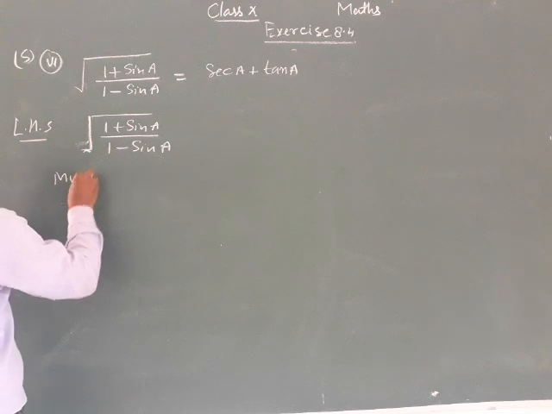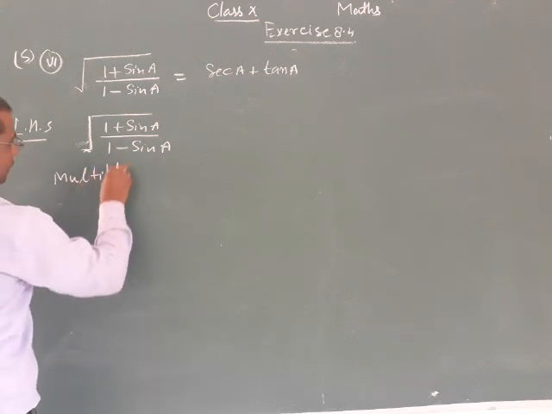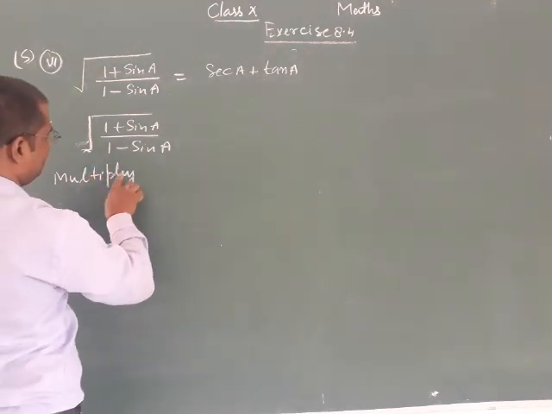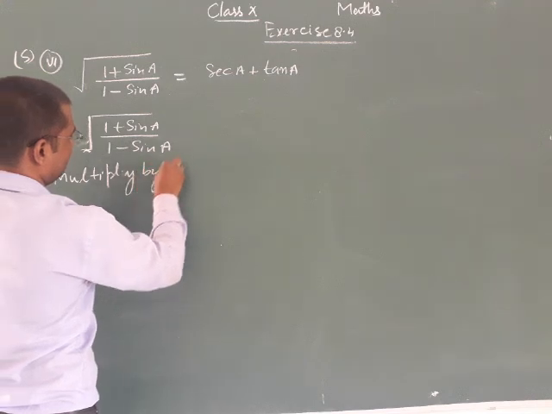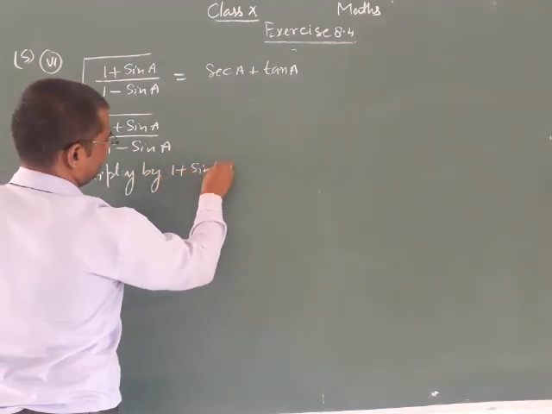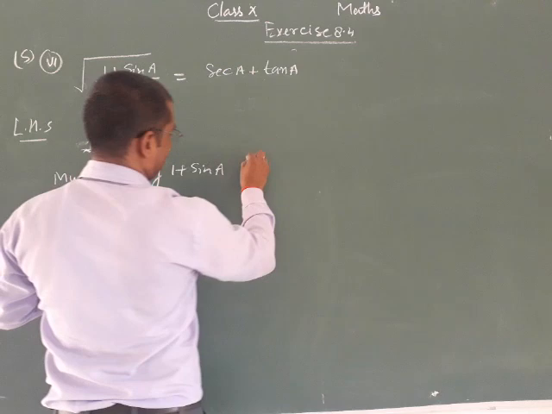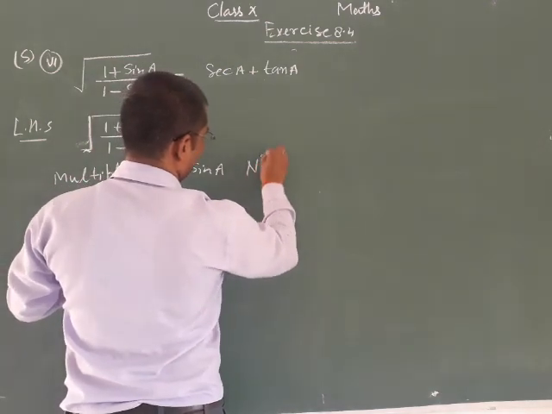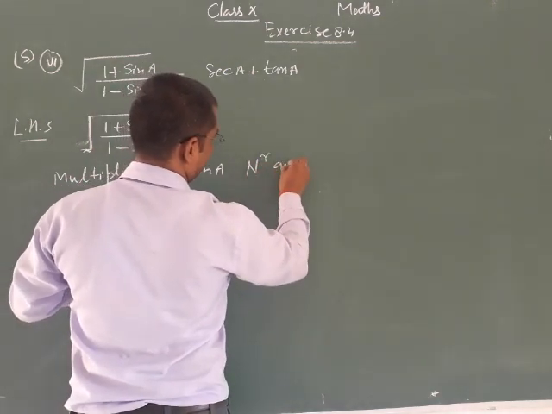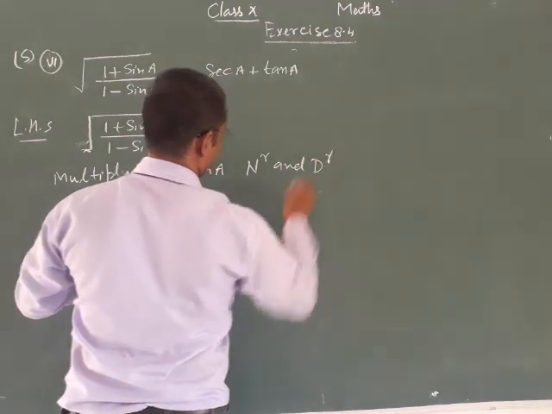Multiply by 1 plus sin A in the numerator and denominator.